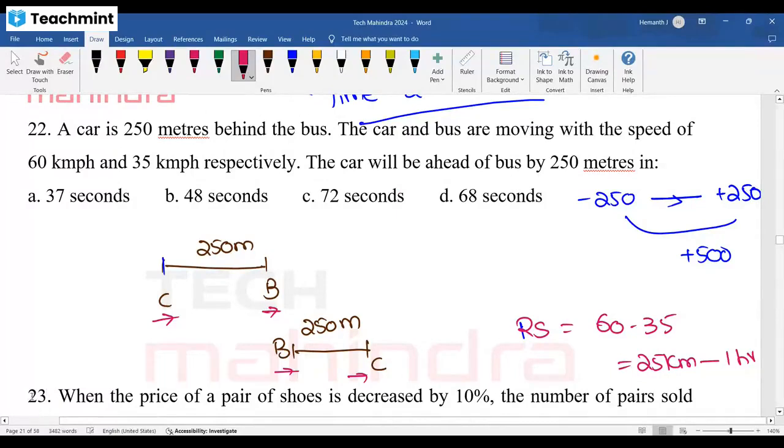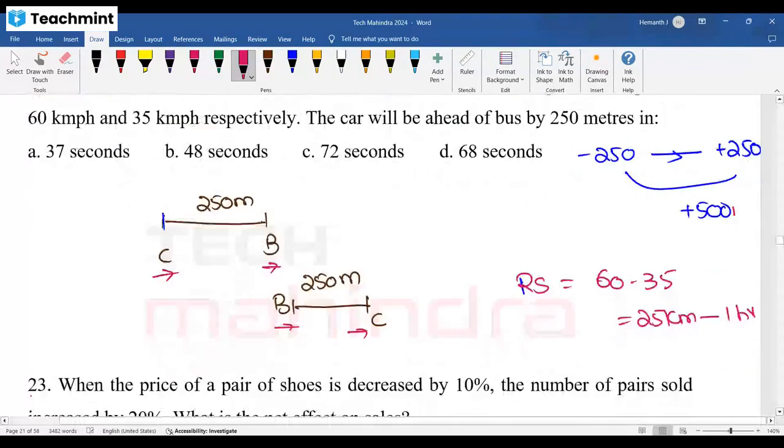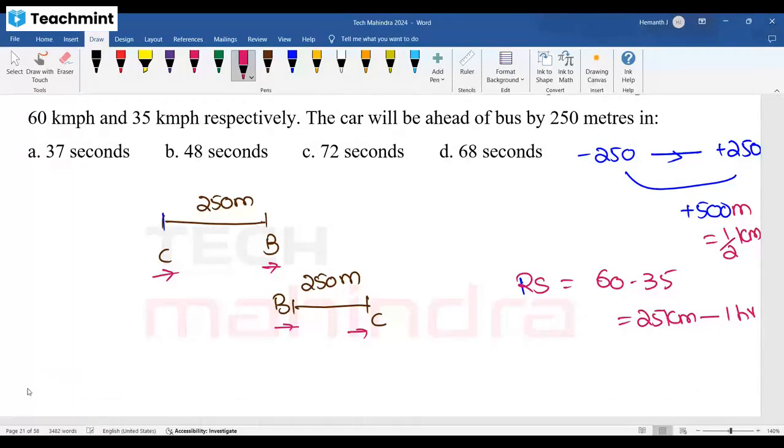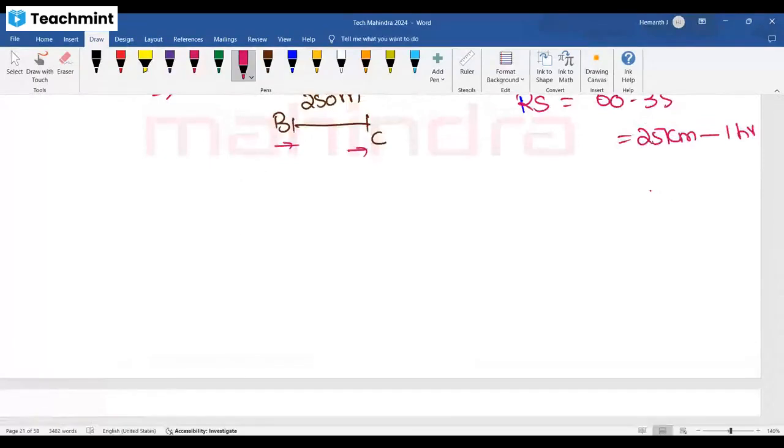It can travel, okay, this is 500 meters or half kilometer. So for 25 kilometers, 1 hour, for half kilometer, how much time? That's what the question is simple. For 25 kilometers, 1 hour time taken, right? So for 1 kilometer, 1 by 25th of the hour.